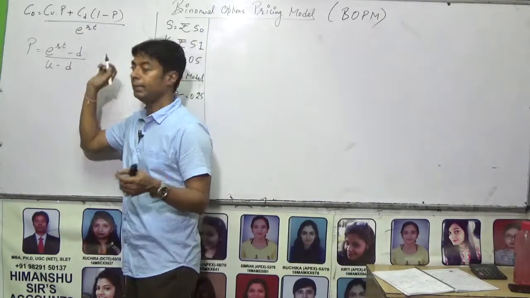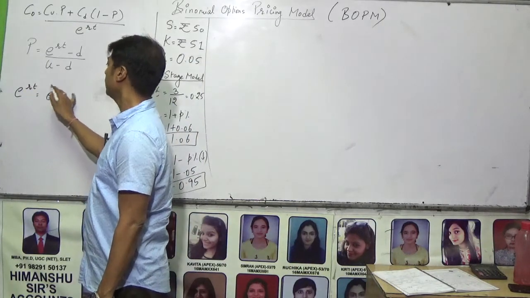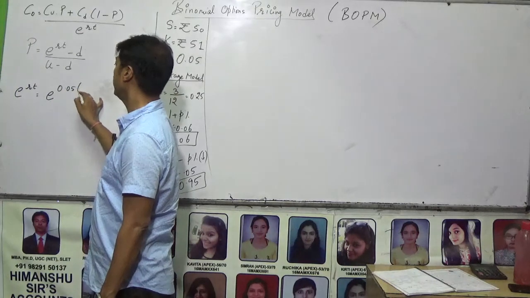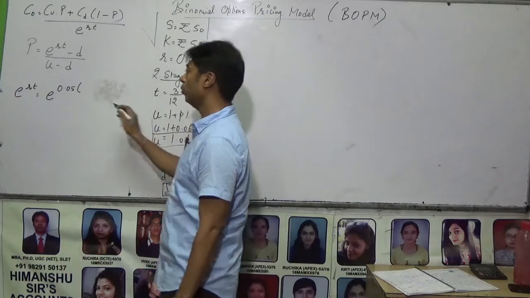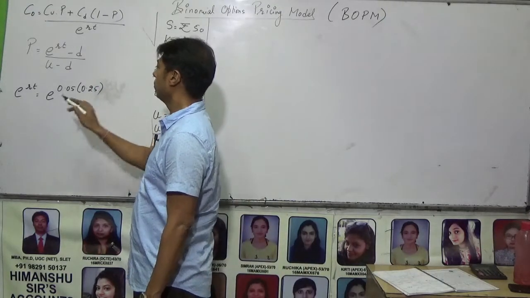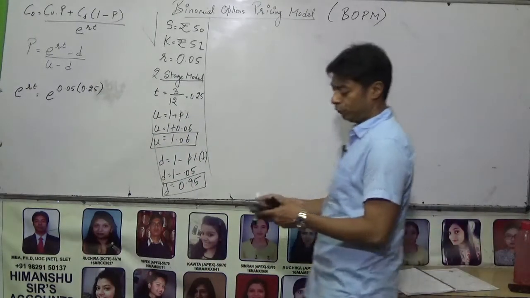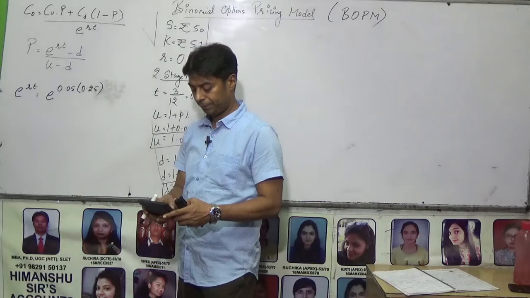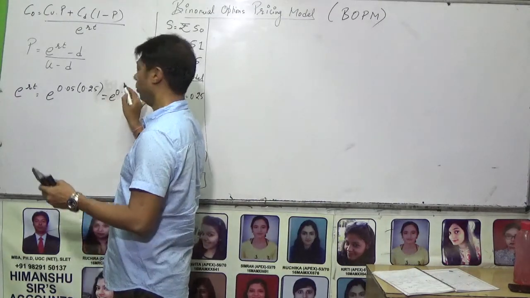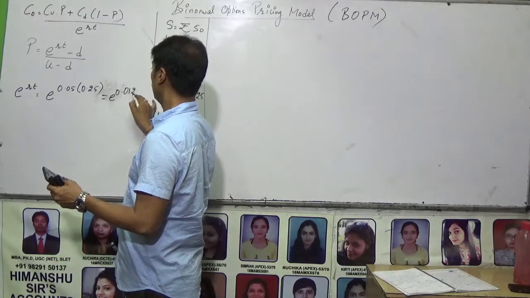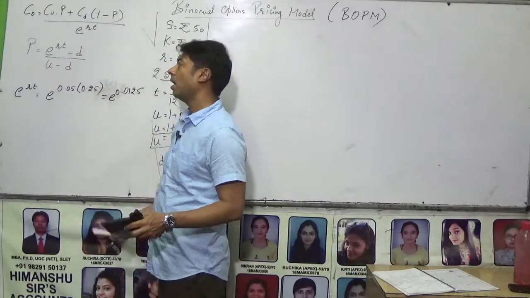The value of e^RT. R is 0.05, T, the value of time, is 0.25. Now multiply 0.05 by 0.25. What will you get? E raised to the power 0.0125, right?